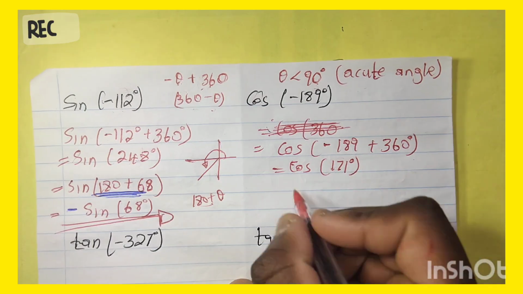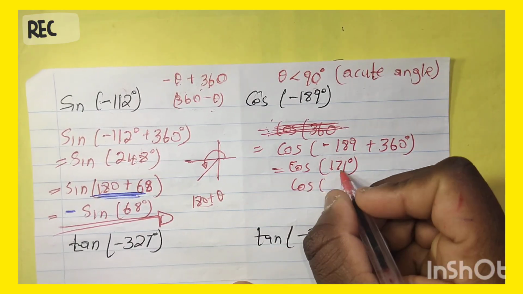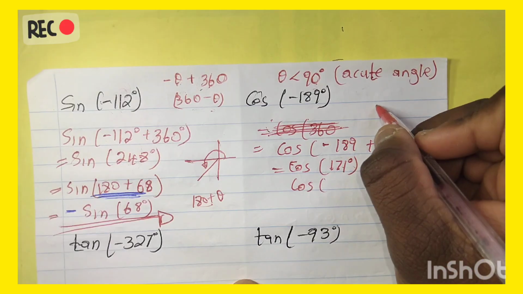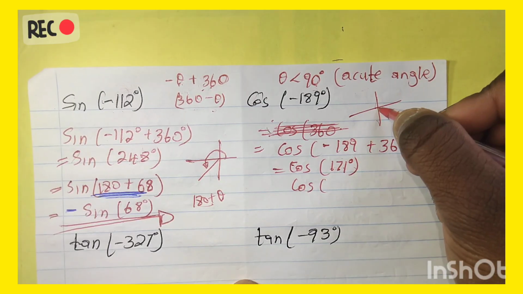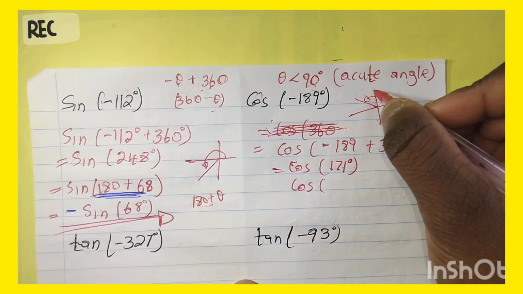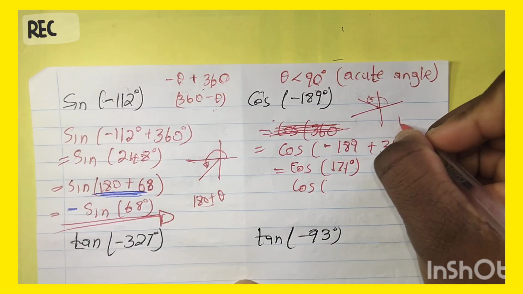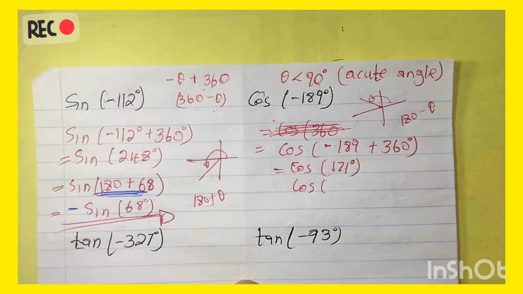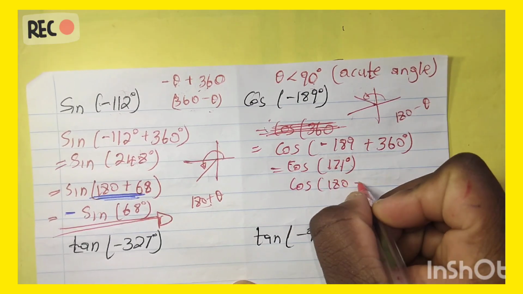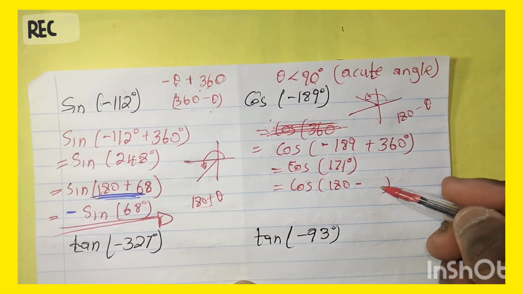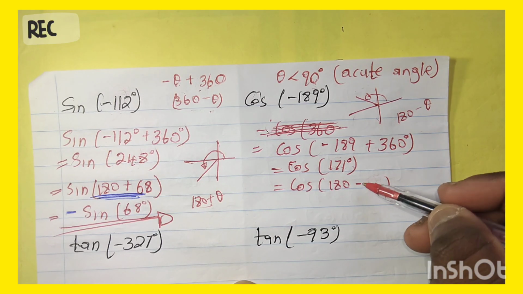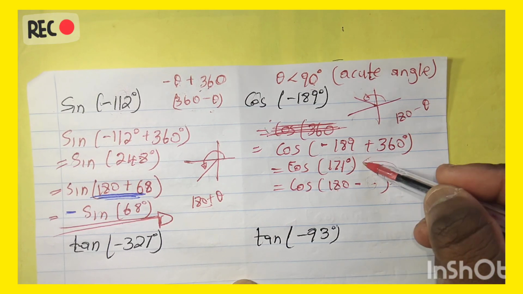Reducing that positive value, for cos, which quadrant is it lying on? It is lying on the second quadrant, between 90 and 180. There we got this as our position, meaning it's 180 minus. What number can I put here? When I subtract it from 180, I should get that one.